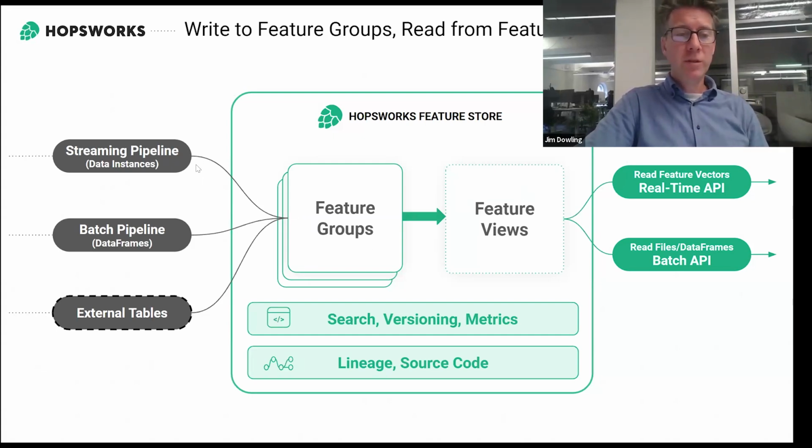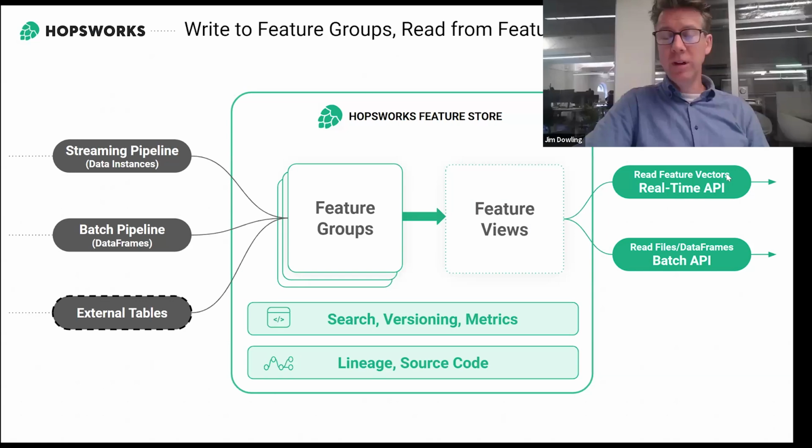So you can have streaming pipelines like Flink. When we have historical data, we'll have batch pipelines. In many instances, we have customers who would like to keep the offline data in their own data warehouse or data lake. In that case, we just have external tables, so the data is not stored in Hopsworks, it's just mapped in there.